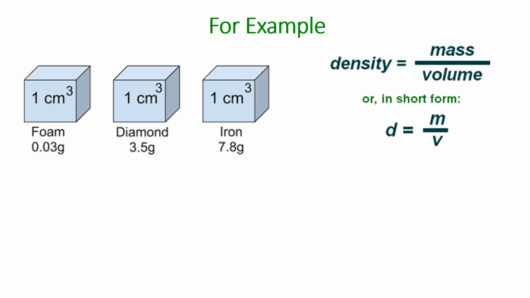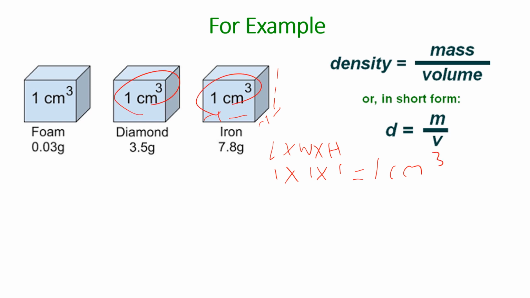So in terms of these three objects, we can see that they've all got the same volume. So they've obviously got a length of 1 centimetre, they've got a width of 1 centimetre, and they've got a height of 1 centimetre. So volume equals length by width by height, which is 1 by 1 by 1, which equals 1 centimetre cubed.